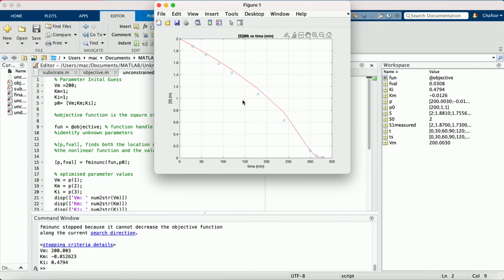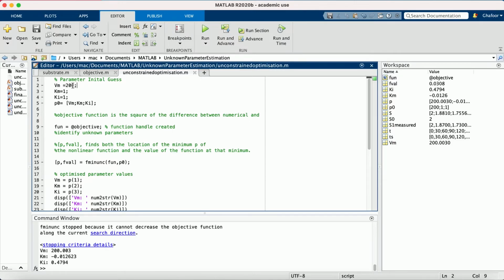Okay, we see that our fval does not give us an adequate fit compared to its predecessors. So let's try 190.